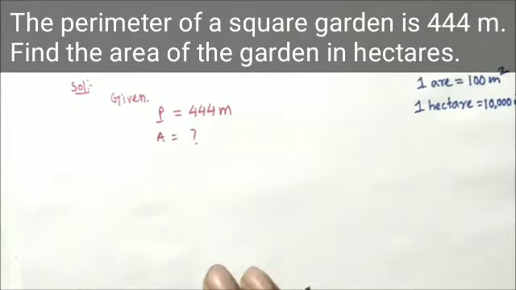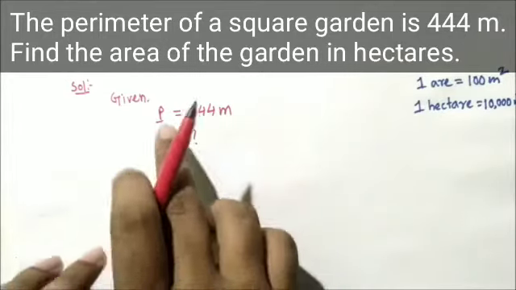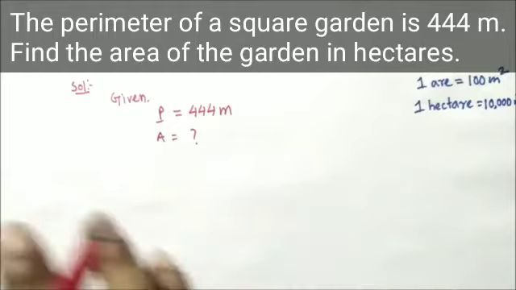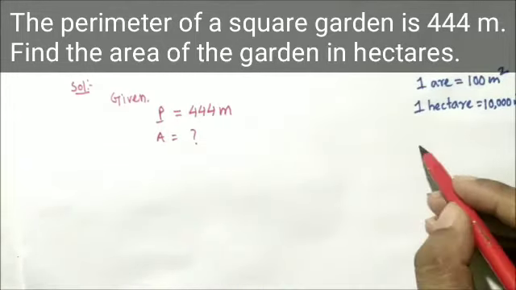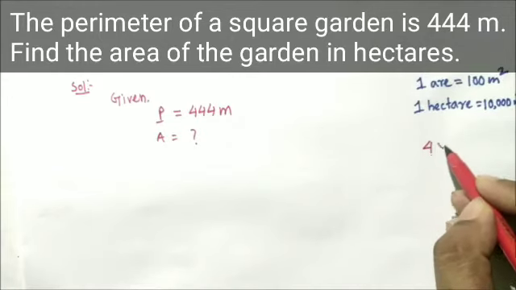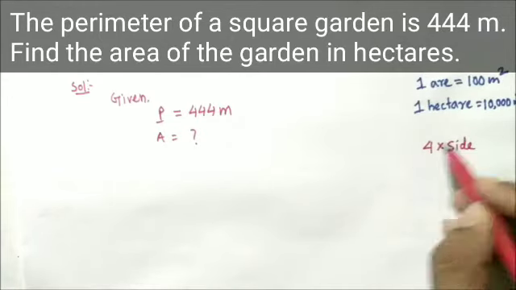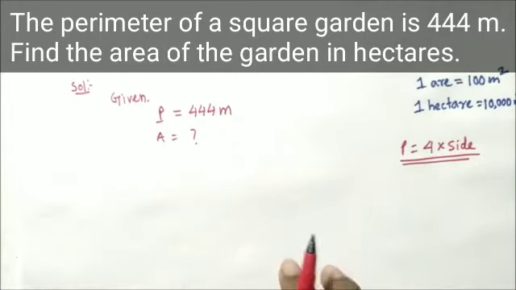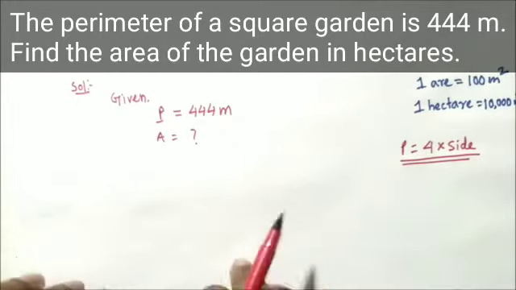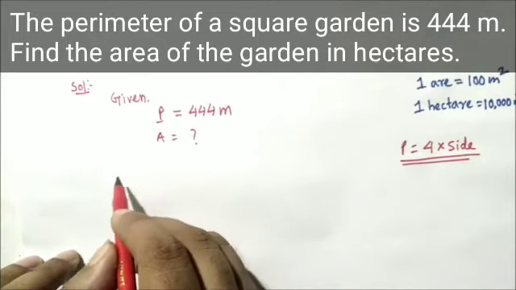Now, since it is a square, there is no length and different breadth, it only has a side. That means only one length. Yes or no? Now, did we forget what the perimeter of a square is? The perimeter of a square was 4 into side. In the previous video I discussed.